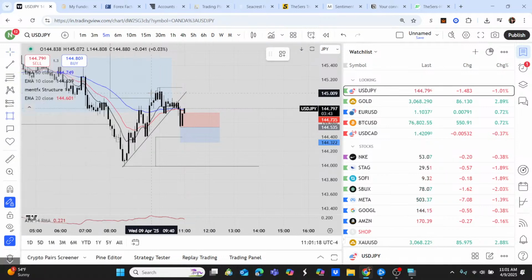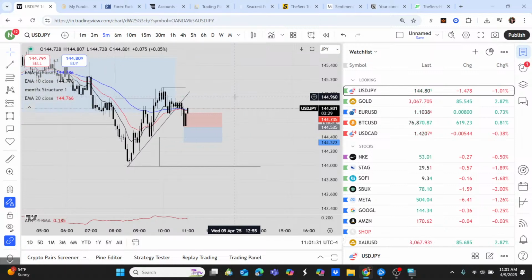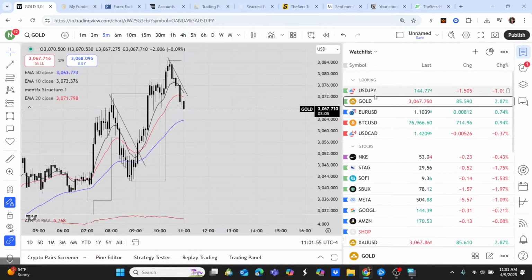So far, it's just rejecting off of it. Gold still looks good too.